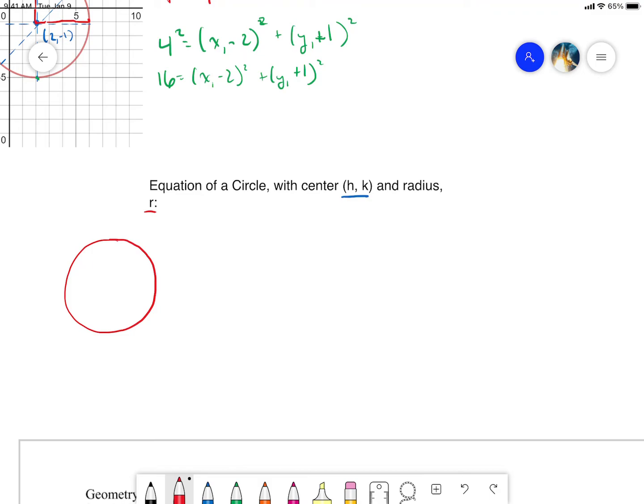It could be far off in the hundreds away from the x axis. It doesn't really matter. The way that I would find that circle has nothing to do with its location, except for the fact that I know my center point is at this value that's out there. Let's just call it (h, k).